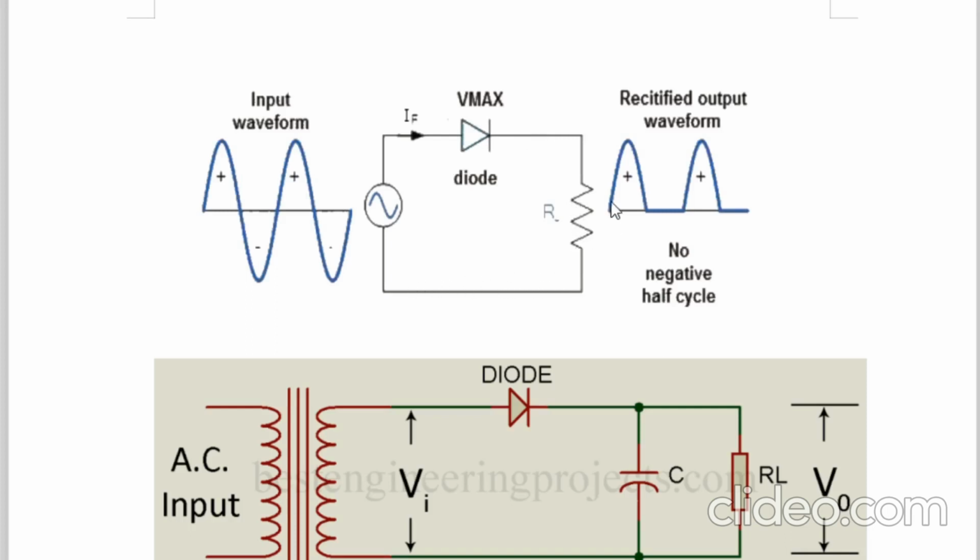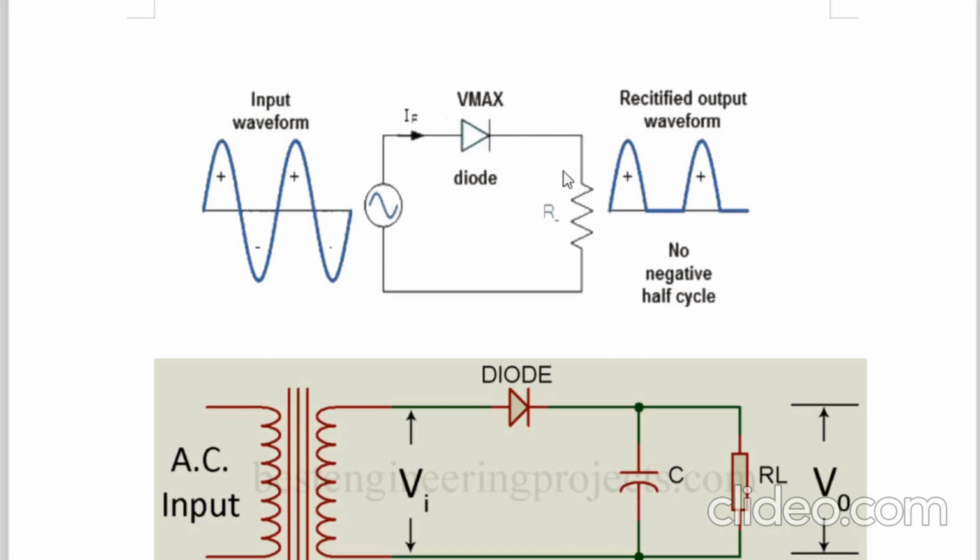Therefore, only the positive half cycle appears at the output. During the negative half cycle, the cathode of the diode becomes positive and the anode of the diode becomes negative. Therefore, the diode will not conduct during the negative half cycle and the load current will not flow, that is zero. Therefore, here it is zero.